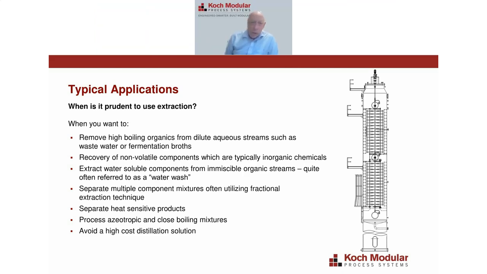So we're starting off here with a slide that basically shows where you would typically apply liquid extraction. You see seven bulleted items there. From our standpoint, we do, I would say, 90 to 95% of our work in the first three bullet points. The first one is when you have high boiling organics in an aqueous stream, and the second one is somewhat similar, when you have non-volatile components in an aqueous stream.